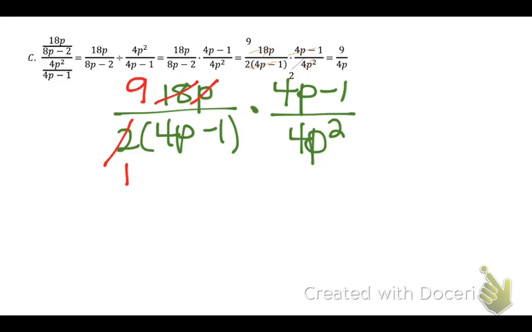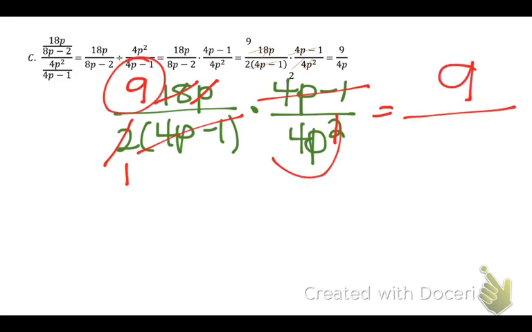Okay, this p right there is going to cancel with that p. And this is going to cancel with that. So I'm left with the 9 on top and the 4p on bottom. Okay, hopefully that helped a little bit. There's a lot of things going on. So if I got confused, I'm guessing at least a couple of you guys got confused.